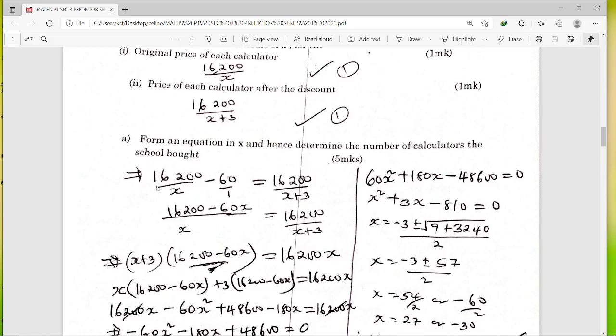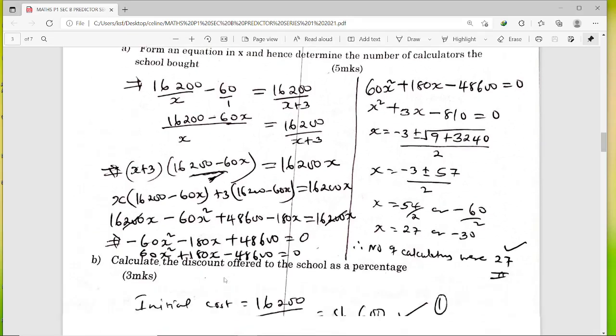If you do that, I've put the 60 over 1 so that I find the LCM of these two on the left hand side, which gives me X. Then I ask myself, X goes into X 1 time, so 16,200, minus 1 goes into X times 60, gives you 60X. So this is equal to 16,200 over X plus 3. If I cross multiply, it will be X plus 3 into this equals X times 16,200, which is 16,200X.